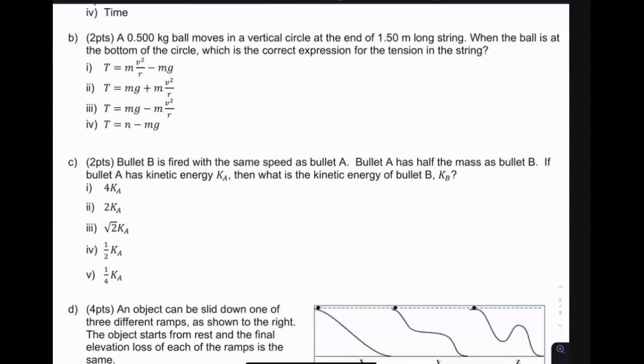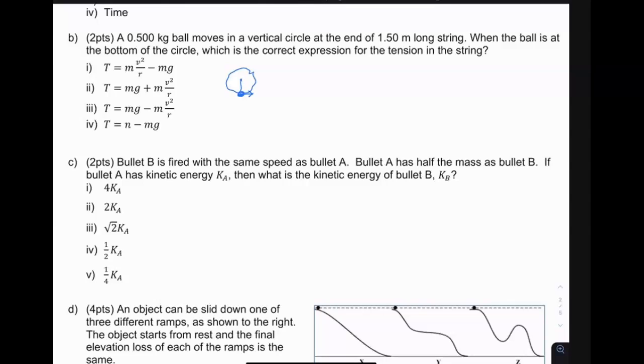So let's draw a little picture. Here's the ball. It's at the bottom of this vertical circle that it's undergoing.